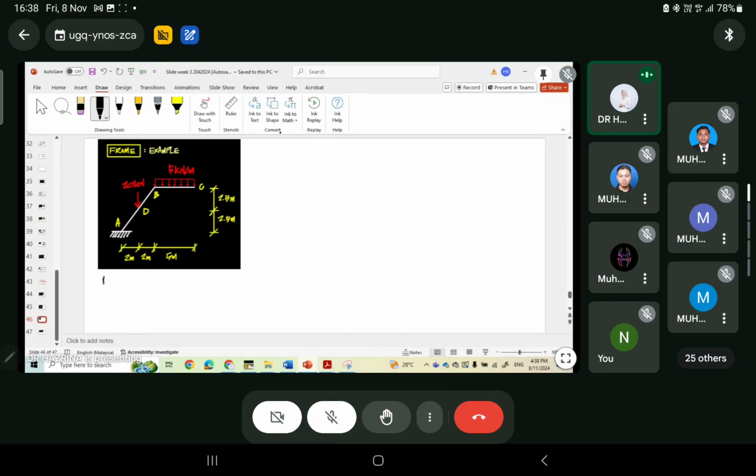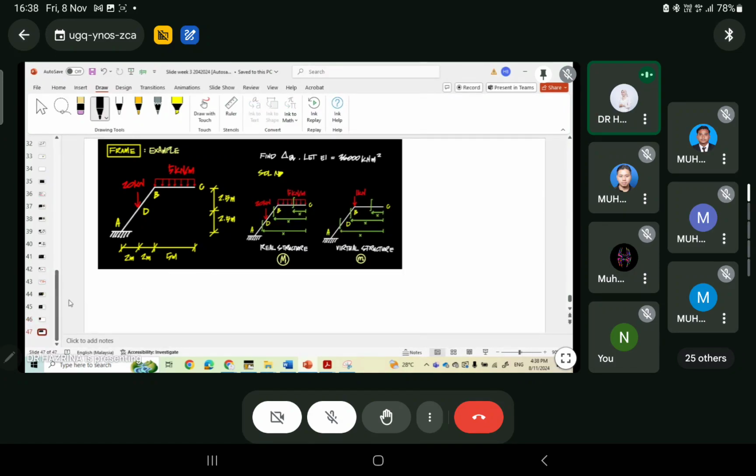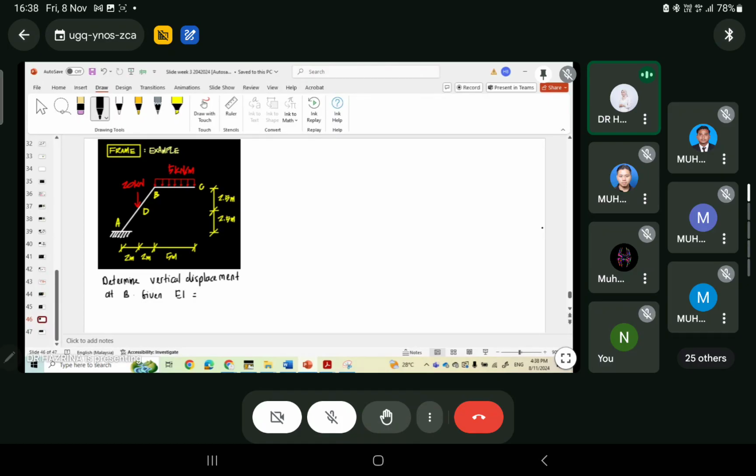The question is determine vertical displacement at B, okay, given EI equals to, what is the EI value? 36,000. Equals to 36,000 kilonewton meter.